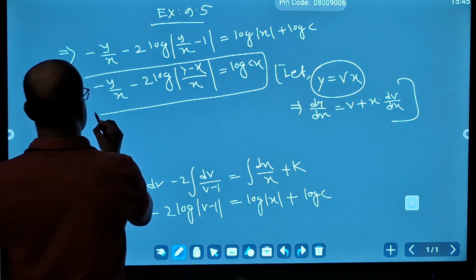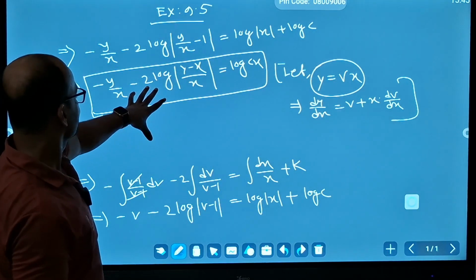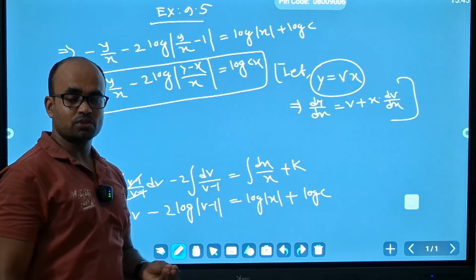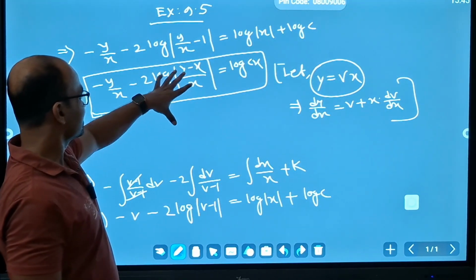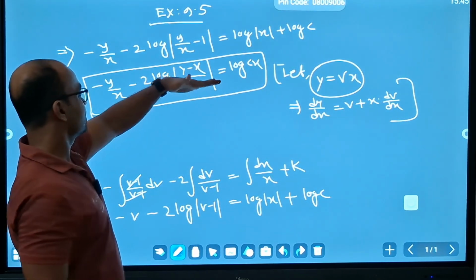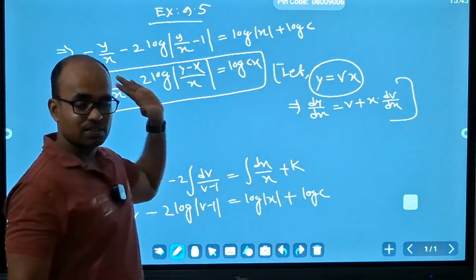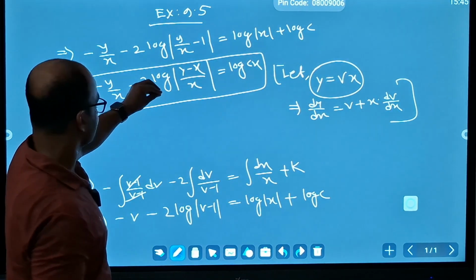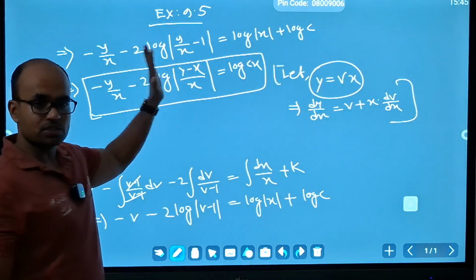So this is the final answer. You can simplify it more to get the result of the book, but it is quite satisfactory, and this is also correct.